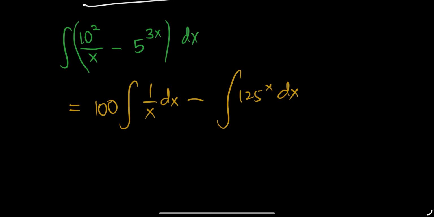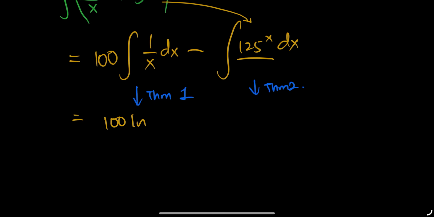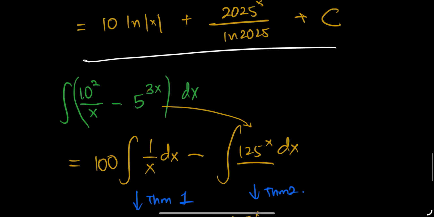We first split them up, take the 100 out, and 5^(3x) is the same thing as 125^x. Again, here we make use of theorem 1 and this one theorem 2, and that gives us 100 ln x minus 125^x over ln 125 plus c. We solved it.